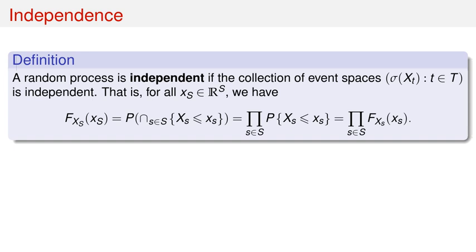This means that for any finite subset S of T and any choice of levels x_S in R to the S, the joint CDF F_X_S of x_S, which is P of the intersection for s in S of {X_s less than or equal to x_s}, factors into the product of the marginal CDFs: the product over s in S of P of X_s less than or equal to x_s, which is the product over s in S of F_X_s of x_s.